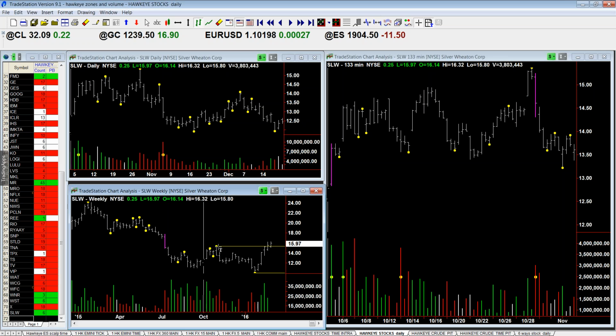So you can see on the weekly, there's a pivot high there. There's its area of resistance, and no part has broken out. So this week straddled it. This week is still straddling it. I wouldn't want to get into this to the long side at all.